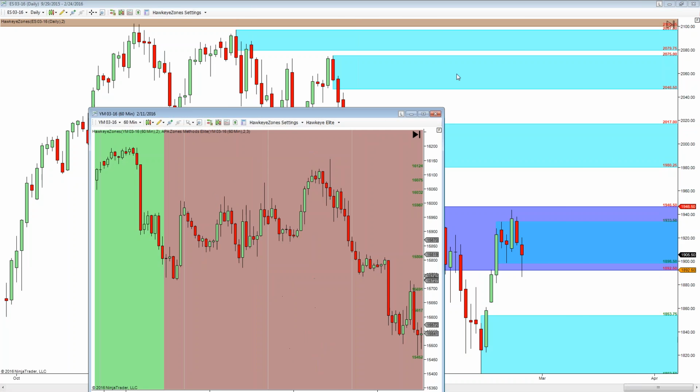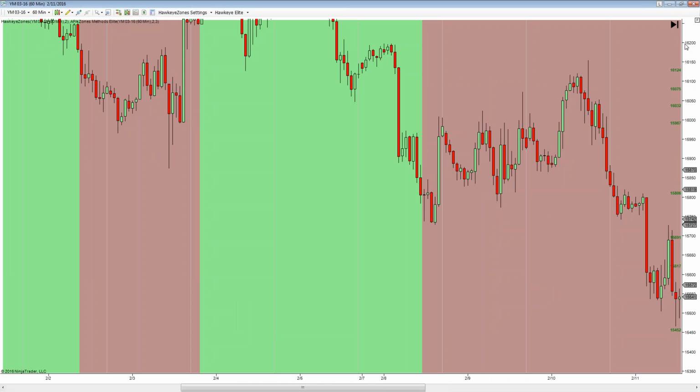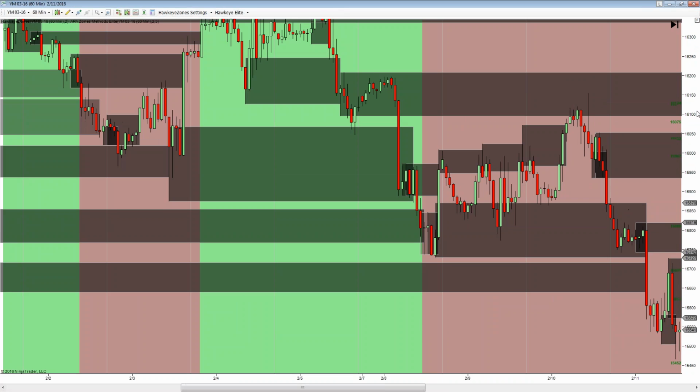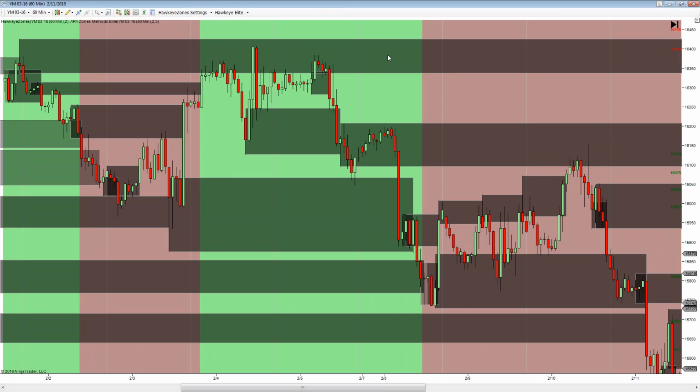As soon as that happens on this chart, and I'm just going to turn on the dead zones here just to show you this, as soon as the resistance zones are more prominent or newer than the demand zones, it changes the background and changes the trend to the red side.